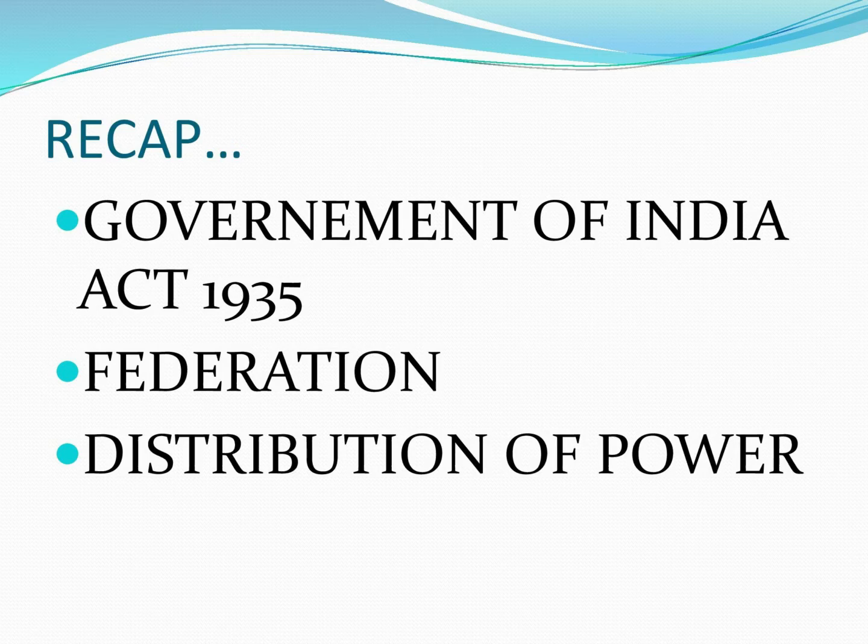The British government appointed a statutory commission in 1927 to inquire into the working of the 1919 Act. This was done as a concession to the Indian demand for an early revision of the Act.